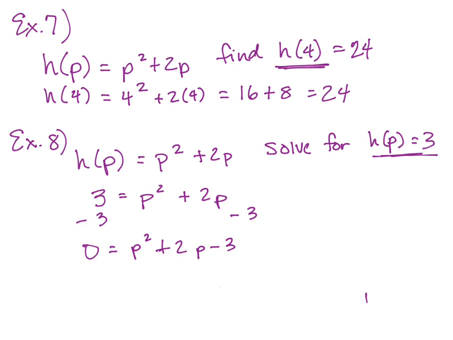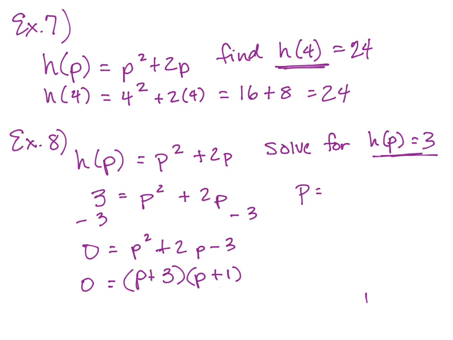So we need factors of -3 that make 2. 3 and -1. So we've got p minus 3 and p plus 1. Both of those equal 0. So what are my answers here? Wouldn't it be p plus 3 and p minus 1?